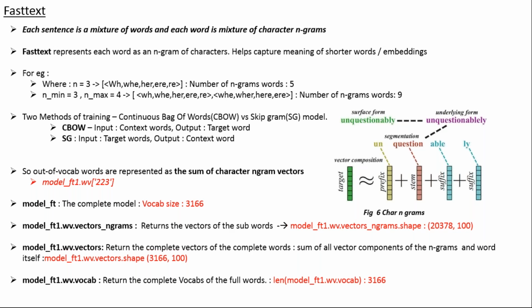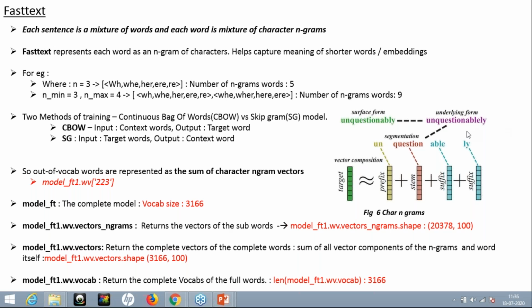If there is a word, for instance, where, and you want to embed it using character n-grams with n equal to 3, which is a parameter you can set to whatever you want, it will give you all the possible 3-letter pieces. It starts from W and goes through all the letters, coming up with 3-letter pieces. Similarly, you can set a minimum and a maximum n-gram length, in which case it will give you a lot of different combinations.